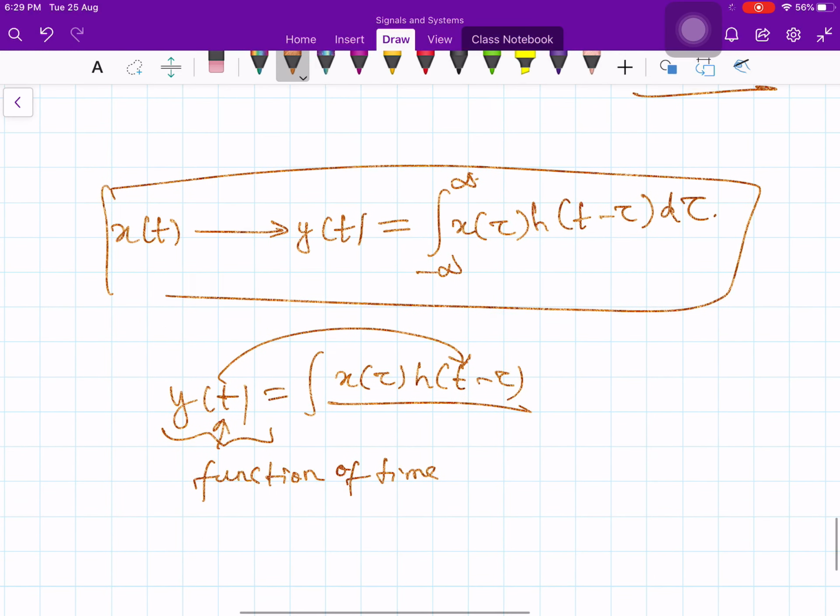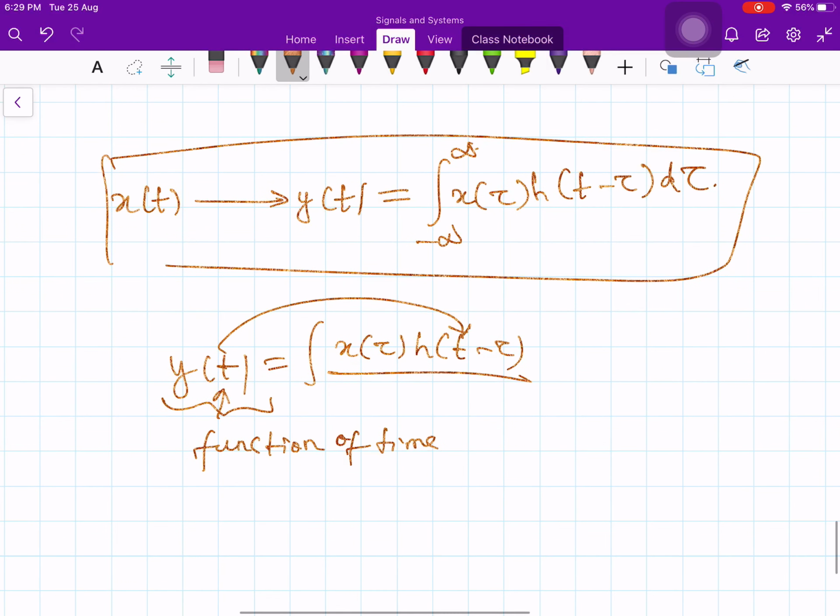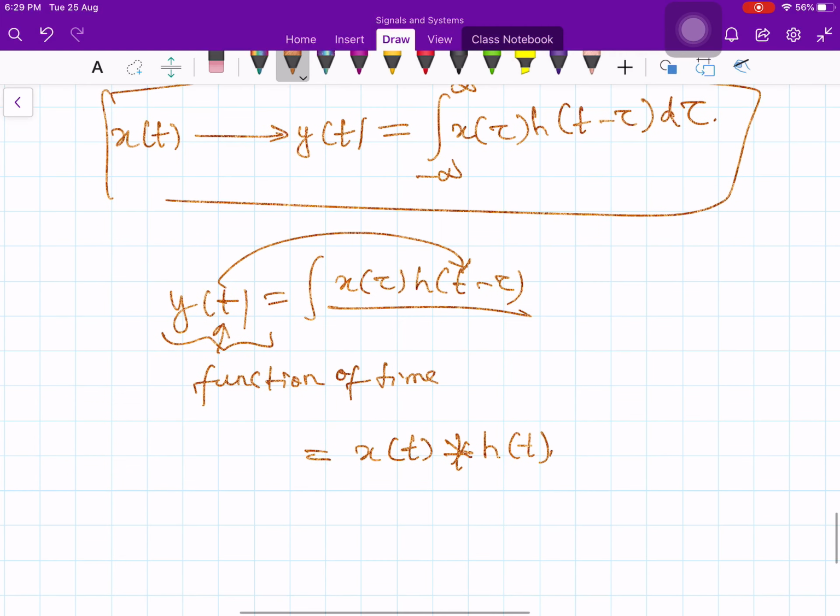So this particular type of operation is usually represented as x of t convolved with h of t. This is referred to as convolution.